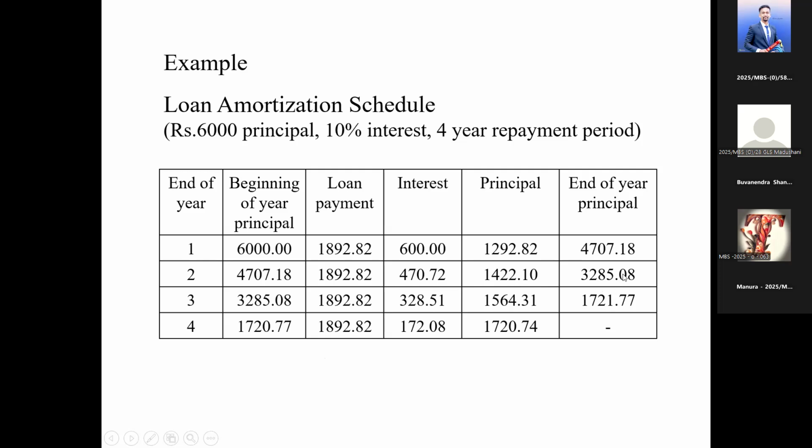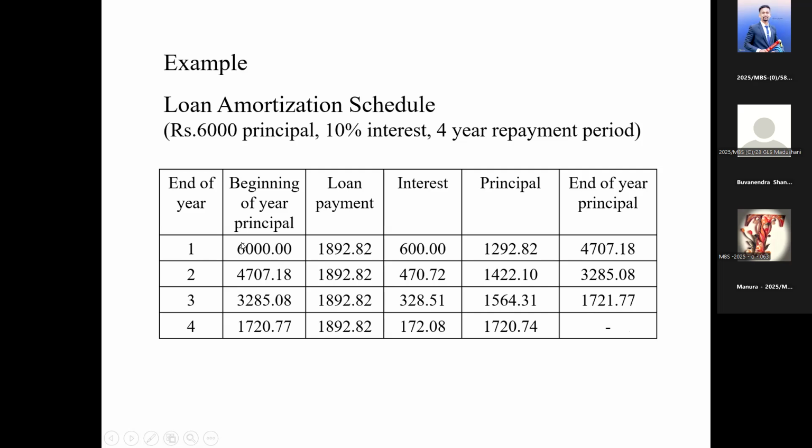In year three, the interest at 10% is 328.51, and deducting it, the principal is 1,564.31. Again we pay interest and principal of 1,172.08. Rounding errors may come, but other than that there are no errors. We settle all the money to the bank by the end of the fourth year by installments over 4 years.